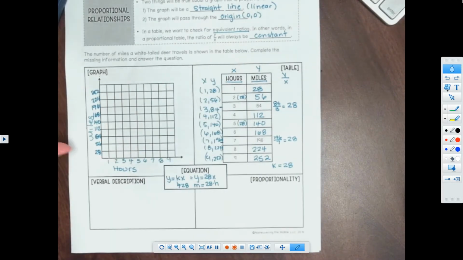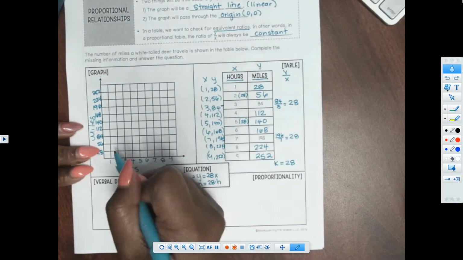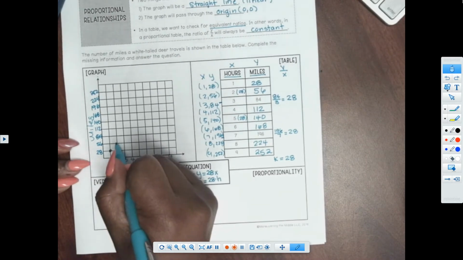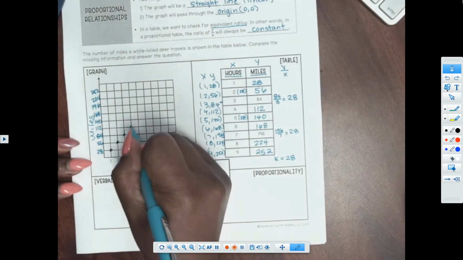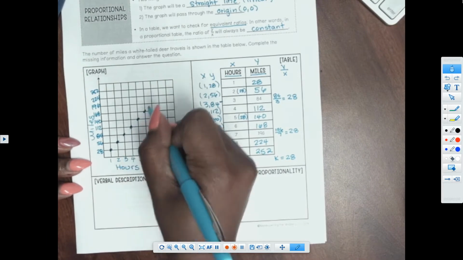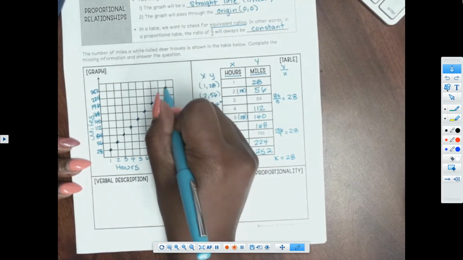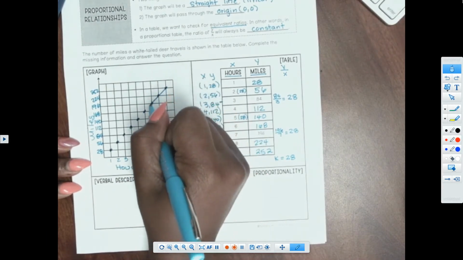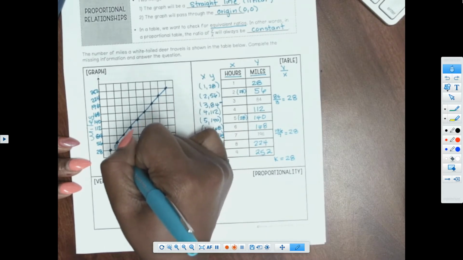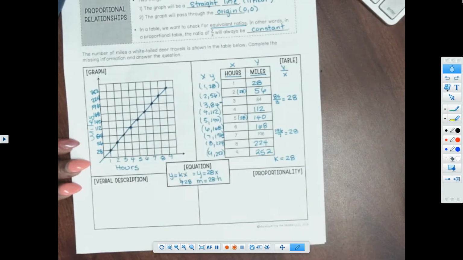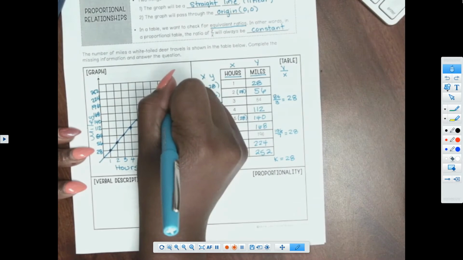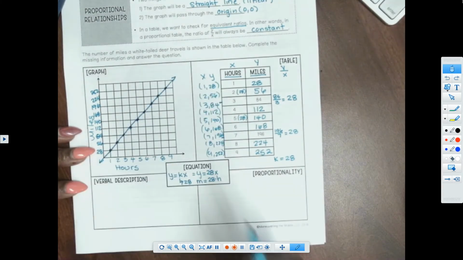From there, I take those points and I graph. All the way up. And if I draw a line connecting these points, I have a linear straight line, okay? And this lets me know that my graph is proportional.